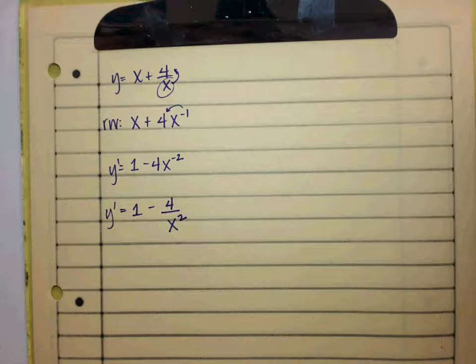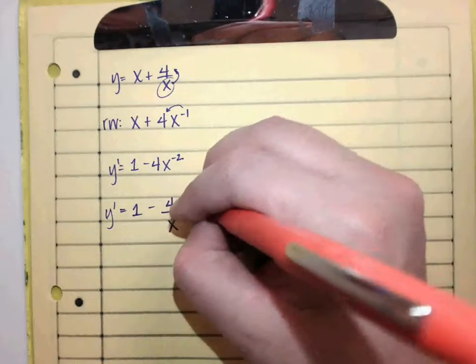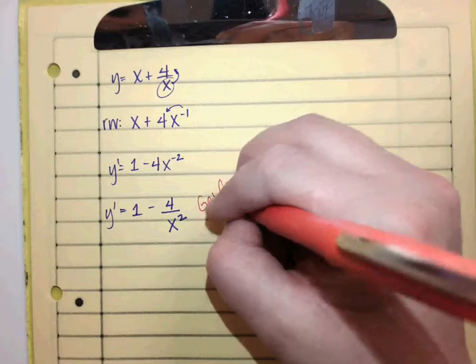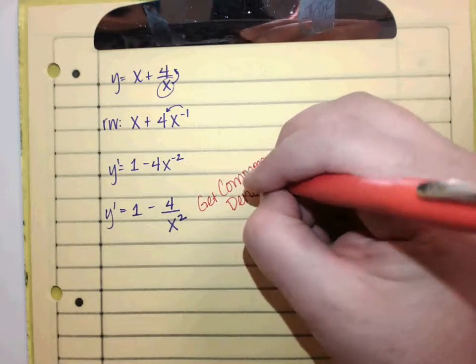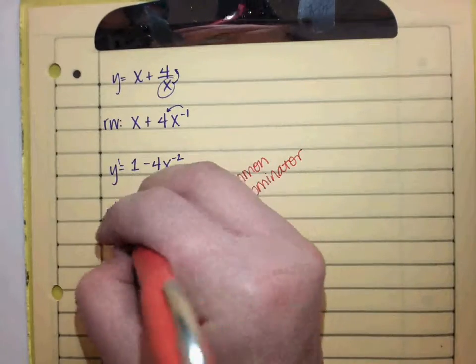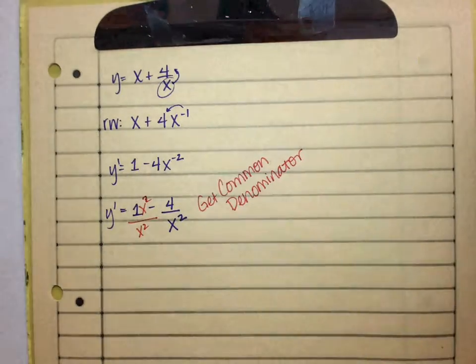Now, remember what I said before. If any part of your expression is a fraction, you have to have one big fraction. So what I'm going to do is get a common denominator. I'm going to multiply my 1 by x squared over x squared.